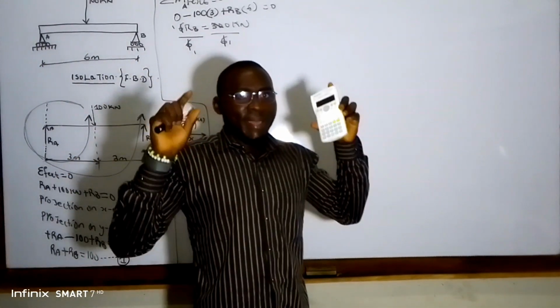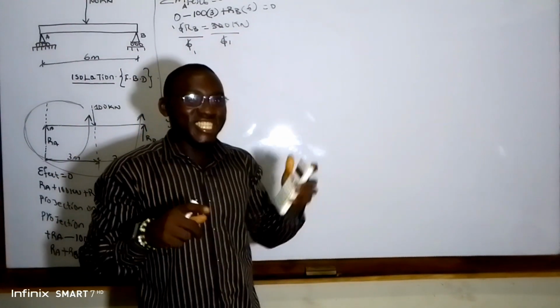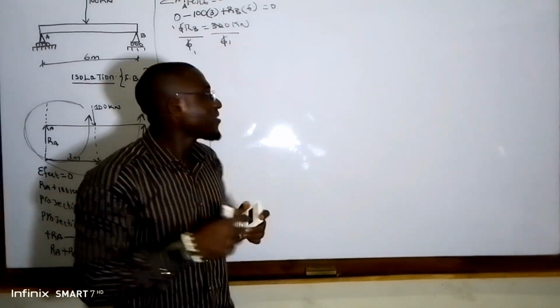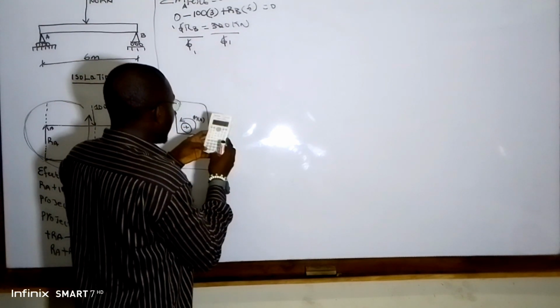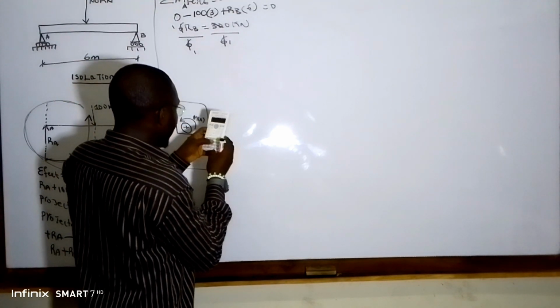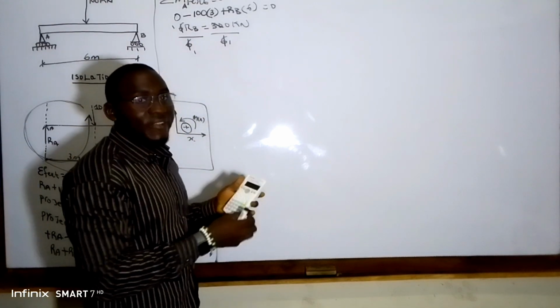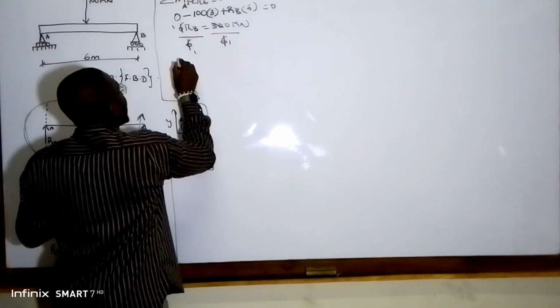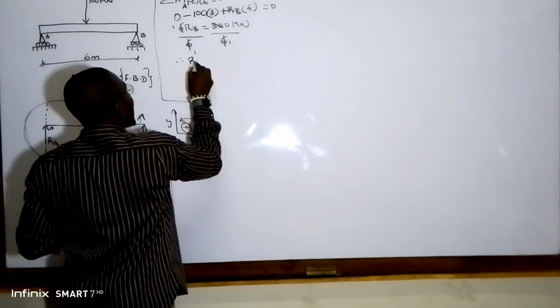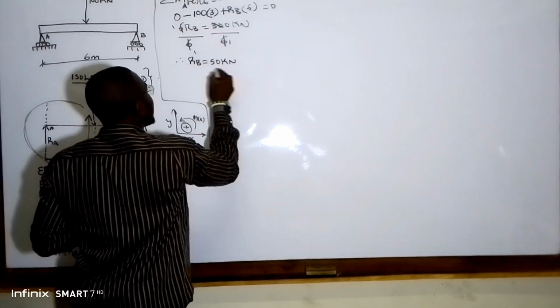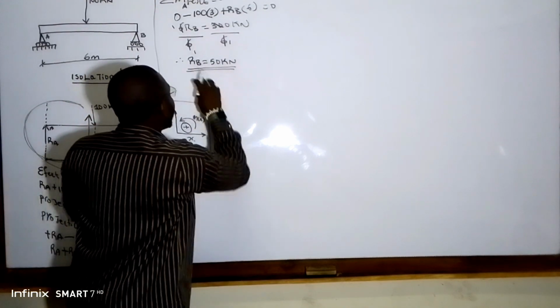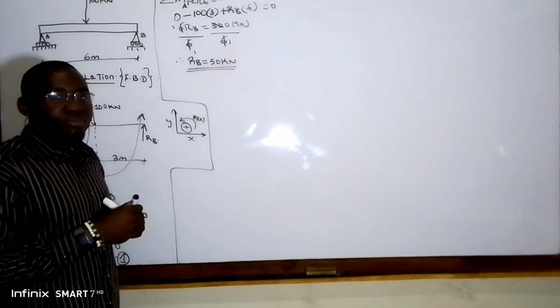Like I told you, an engineer is known for his calculator. So let's take 300 divided by 6. We are now going to have 50. So therefore, our RB is equal to 50 kilonewton. This is the value for our RB.